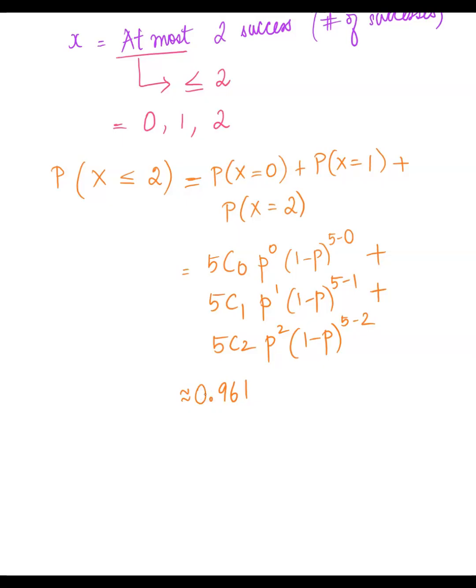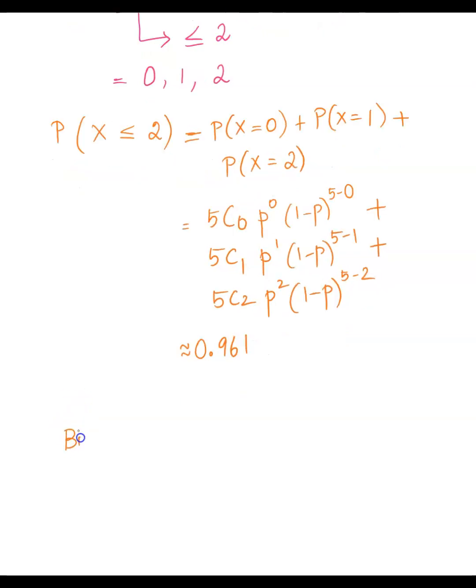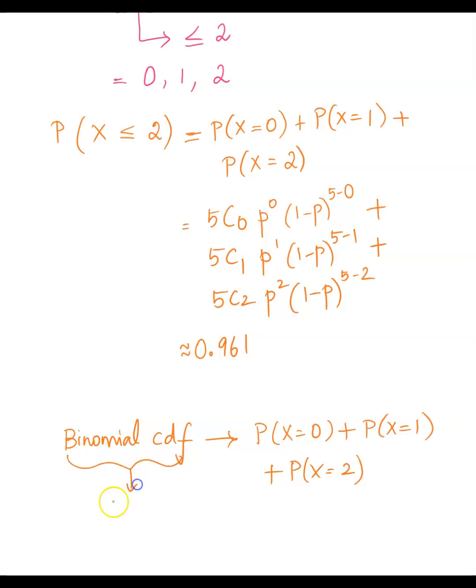Now, how do we use the calculator on this one? On a calculator, binomial CDF, okay? That means it automatically does this. Because binomial CDF for this problem would be automatically calculating this, okay?